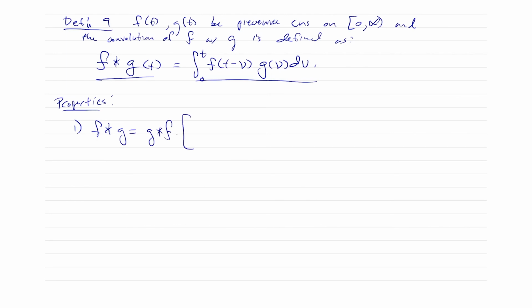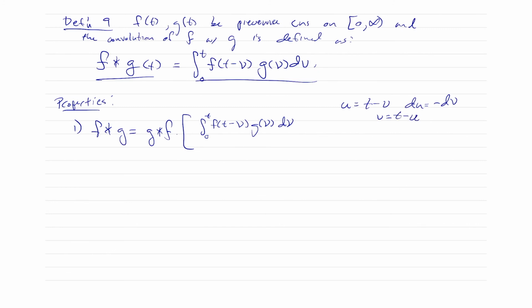For instance, if I just take the integral from 0 to t of f of t minus v, g of v, dv, and we use a substitution, and I say let u equal t minus v, then that gives me du equal to, sorry, v is the thing that's changing here, so du is equal to minus dv, and we can replace v by t minus u.